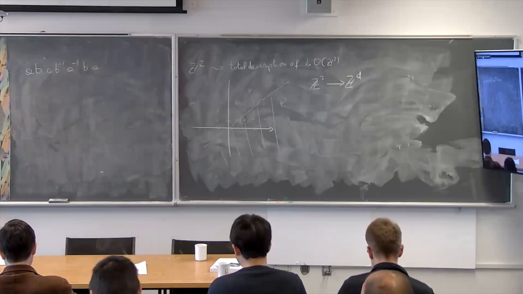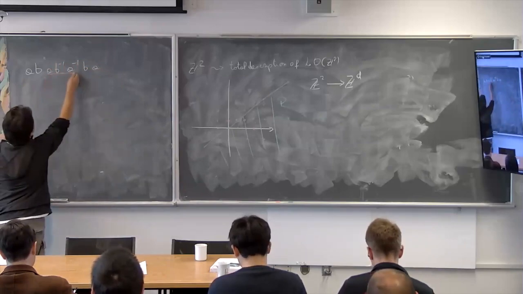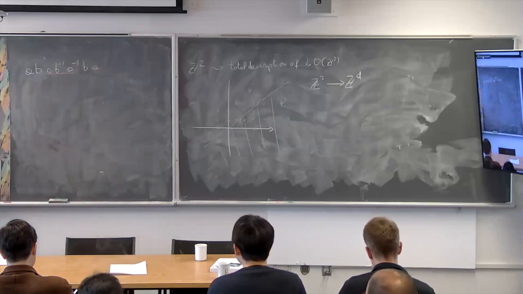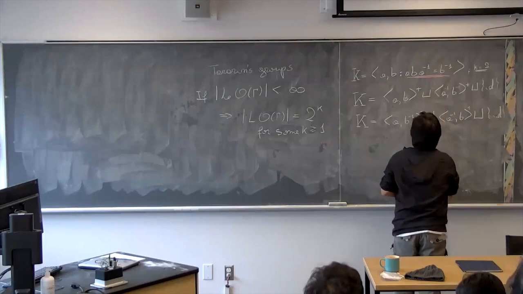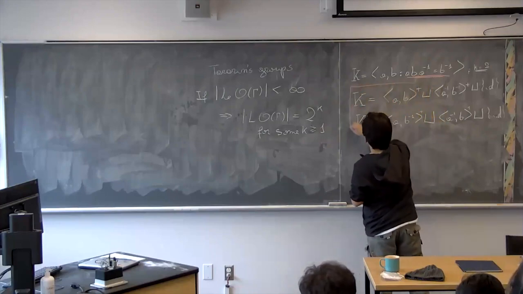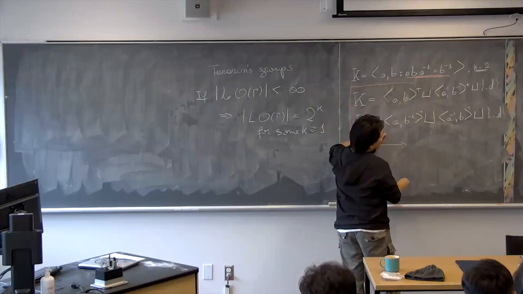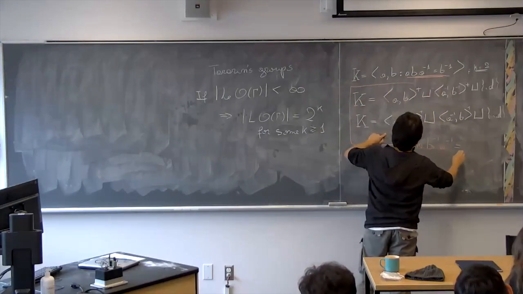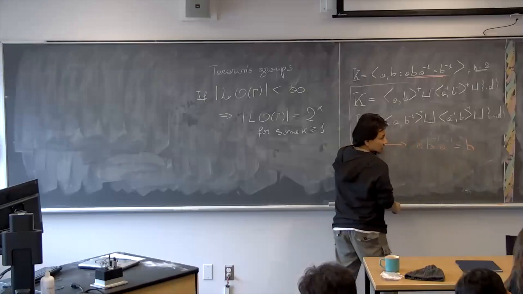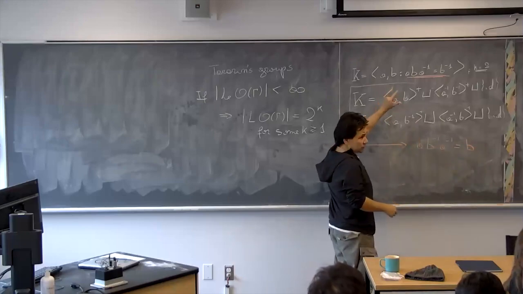But if we use the relation, we can change this, because we have this relation. And the relation implies that A inverse equals B, if you take the inverse.